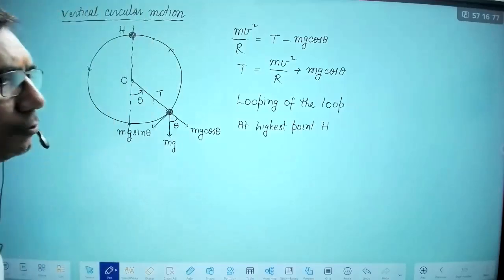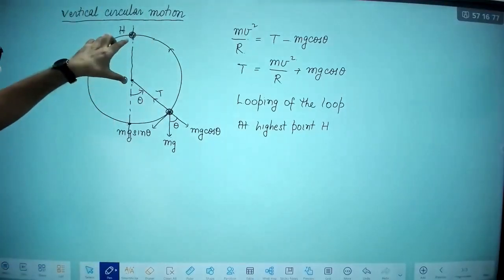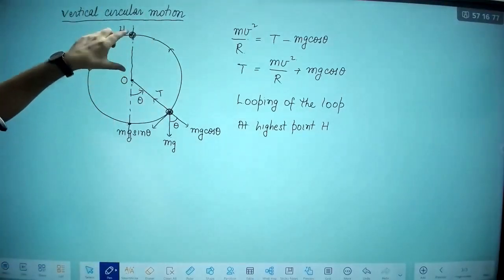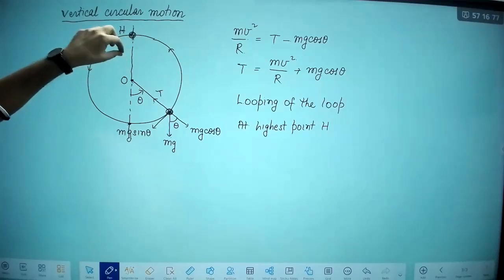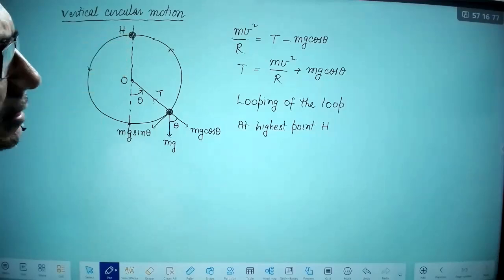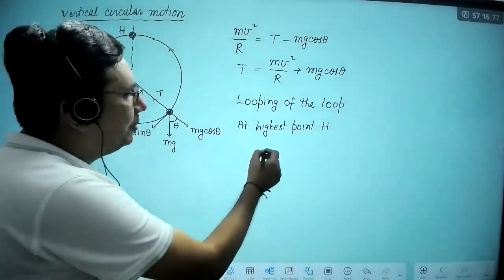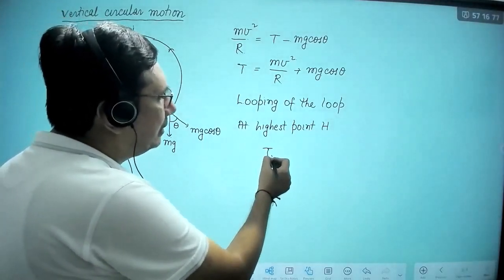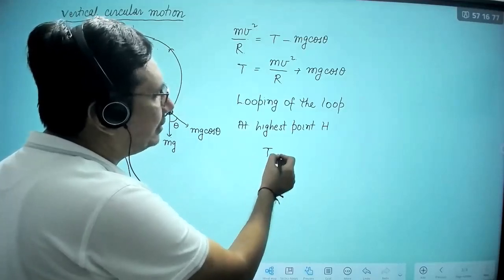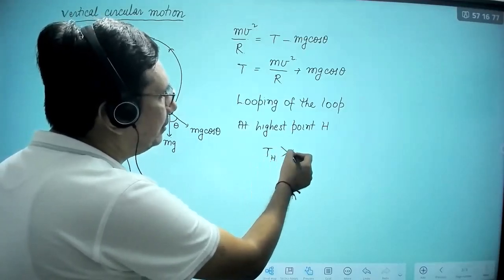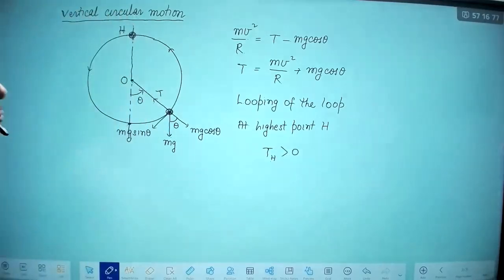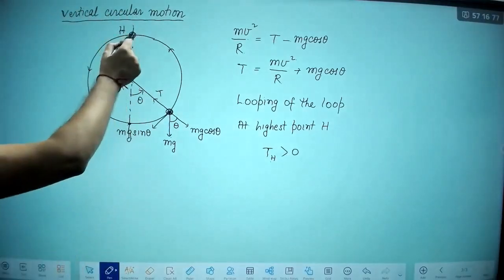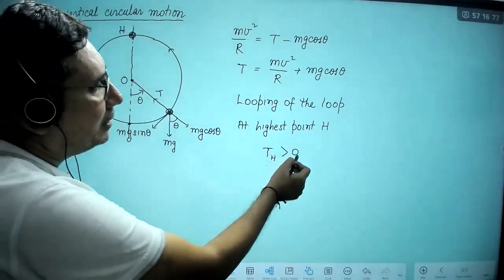Only one condition should be there: this string should not be loosened. So the tension should be greater than 0. The condition is that at the highest point H, the tension TH should be greater than 0.